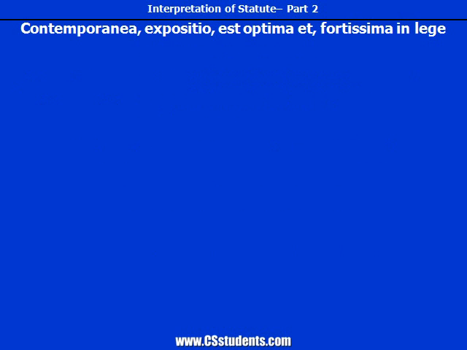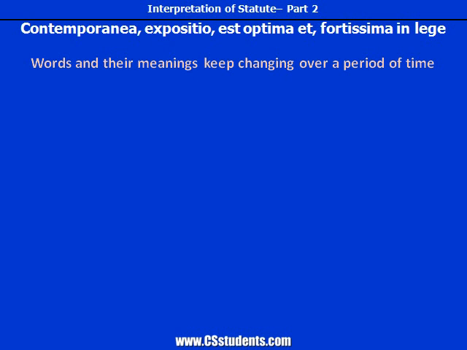The next is contemporanea expositio est optima et fortissima in lege, another Latin maxim to provide for rule of interpretation. Before we discuss this, let us have some background. The language, words and their meanings keep changing over a period of time.